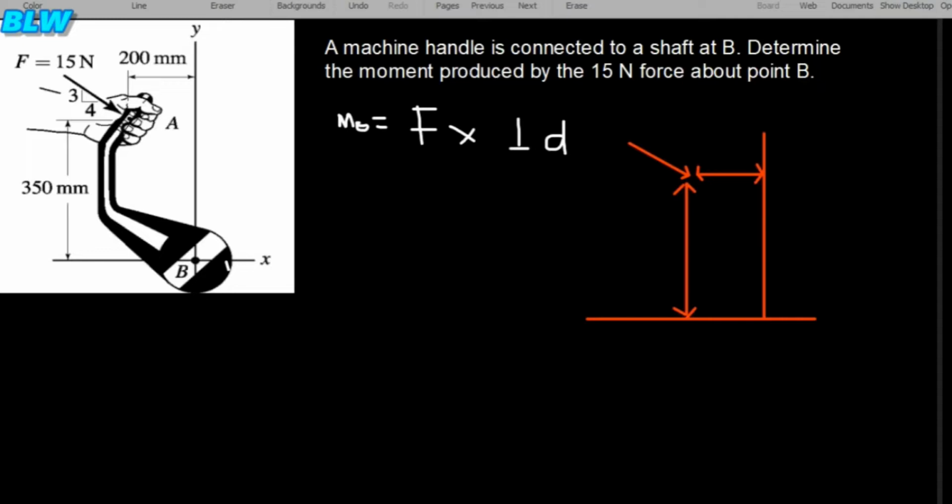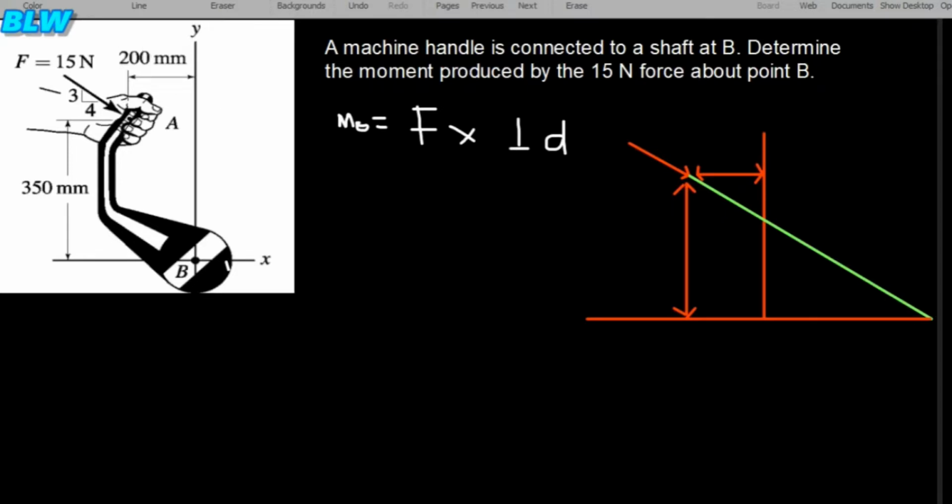Let me show the line of action of the force. That one will be somewhere here. So this is the line of action of the force. Let me extend this line. So the force is acting on this line.